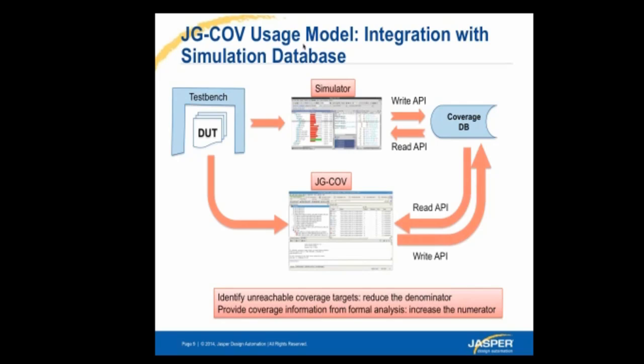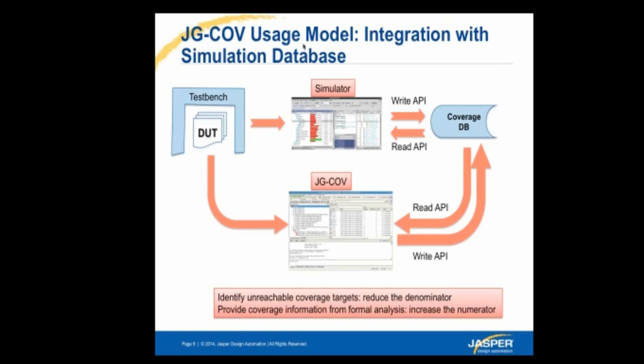Basically, the fact that we identify unreachable cover targets and prove them can reduce the denominator when you are measuring the overall coverage. In the other way, when we have the coverage model inside the formal analysis, we can hit some covers that are not reachable, or uncoverable, so to speak, in the simulation domain, and basically improve the overall coverage.